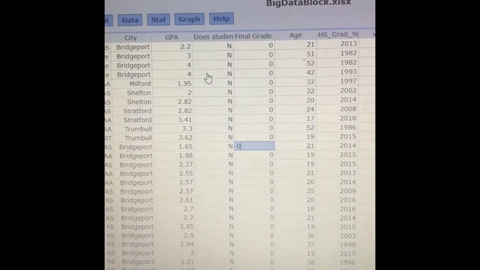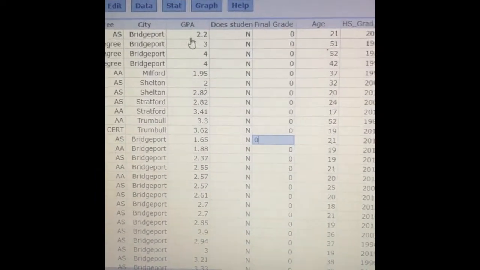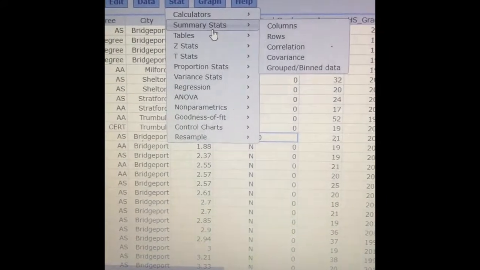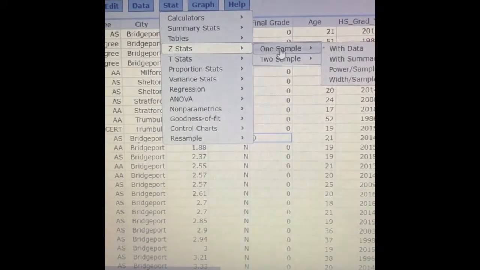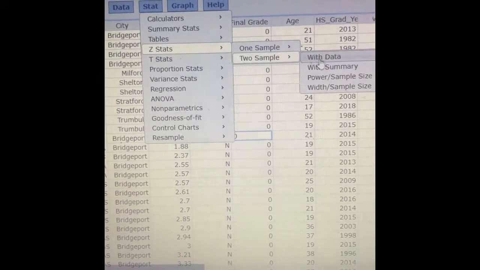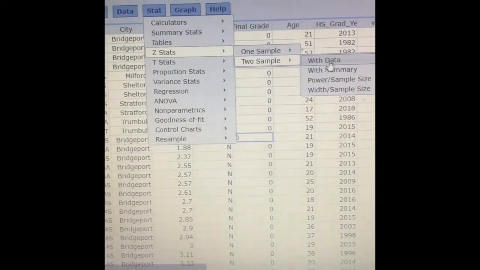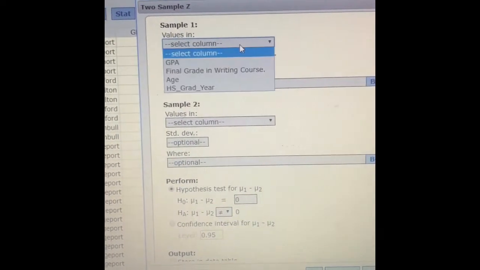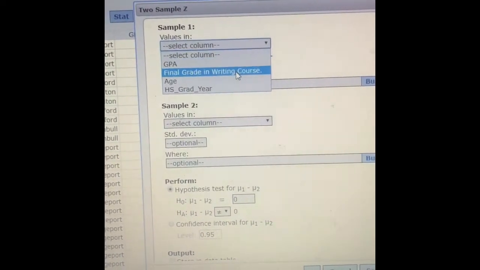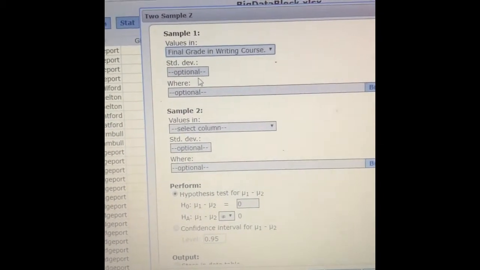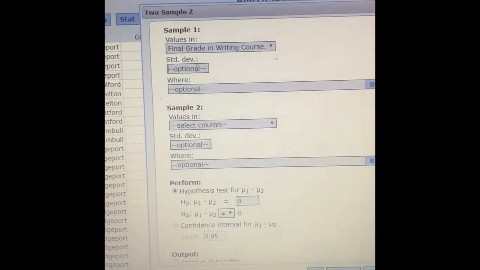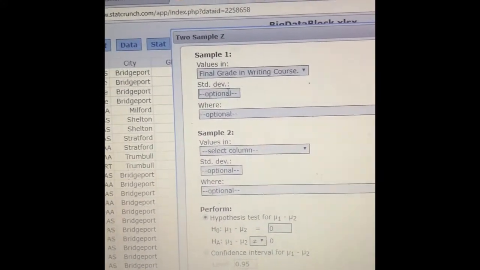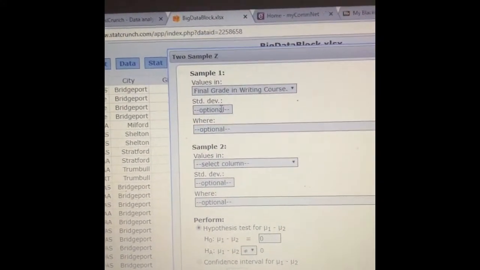Right, now let's test both of the means. For that, I'm going to Stat, T Stats, Two Samples with Data. All right, as you see, values would be final grades in the writing course, and I do have my standard deviation for the first one, which would be without using the writing center.